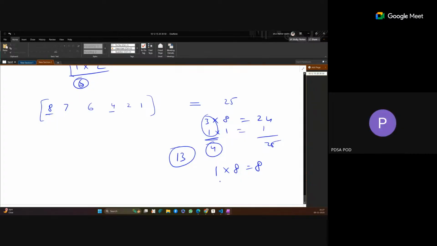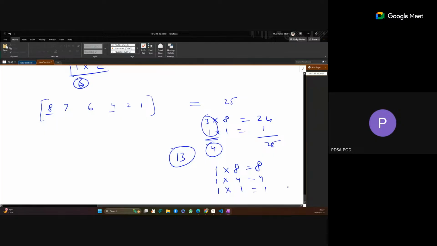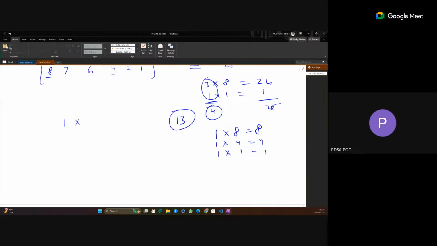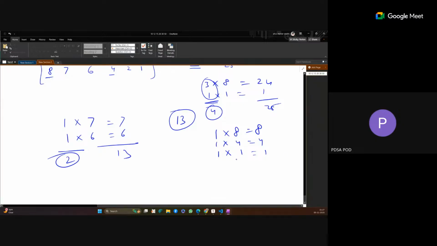So you can take 1 of 4, and after that 1 is remaining, so you take 1 of 1. You apply the same rule, always picking the maximum. But here there is a chance you can take 1 of 7 and 1 of 6, and you get 13, and here only 2 coins are required. By the same approach we were getting 3.